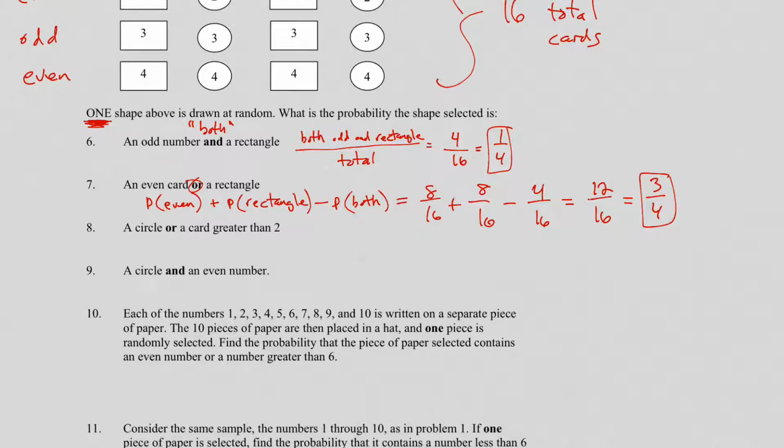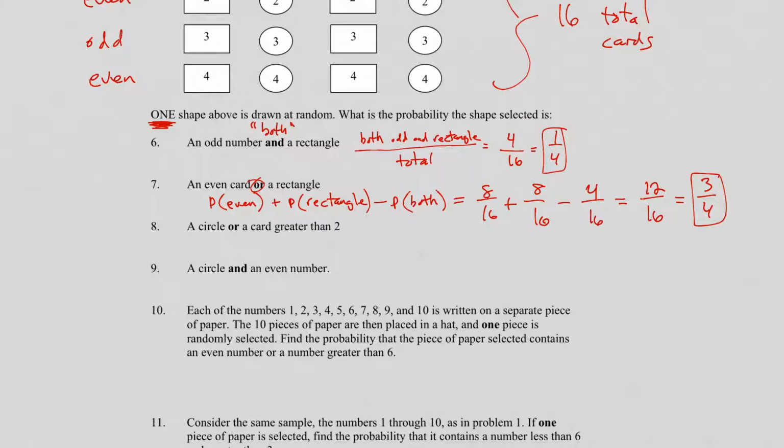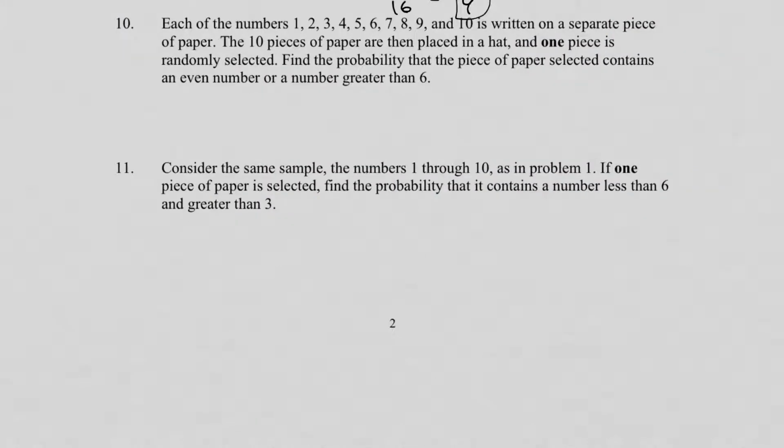Or put it in your calculator and not worry about it, right? You can actually just type the whole thing in, plus, minus, press enter, and it gives you the simplified version. Okay? So once you guys try 8 and 9, let me just do this last one to wrap this up.